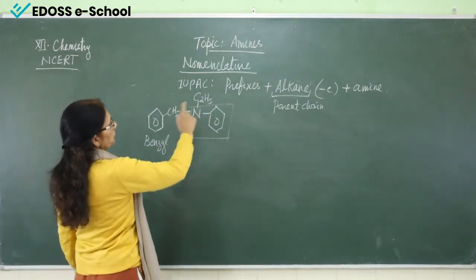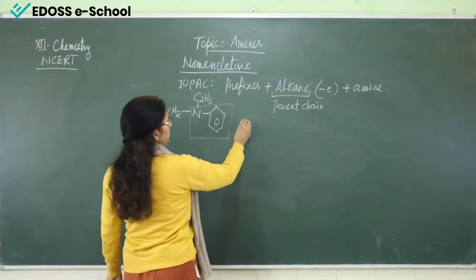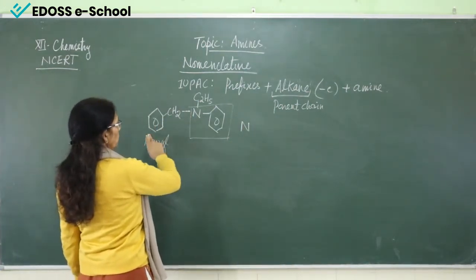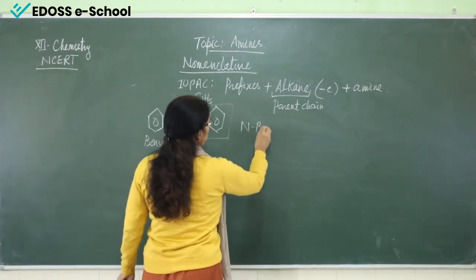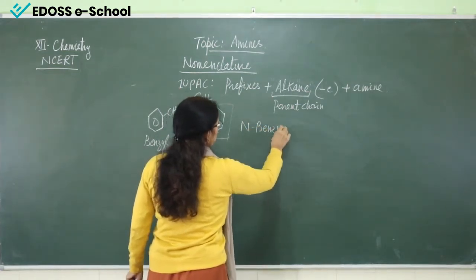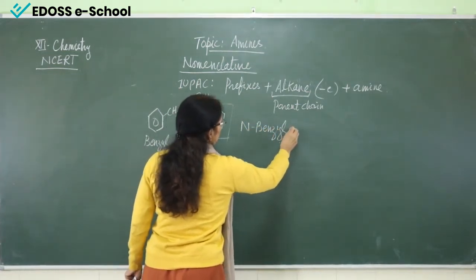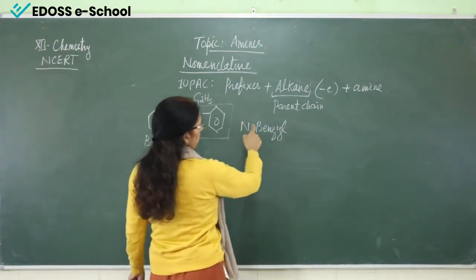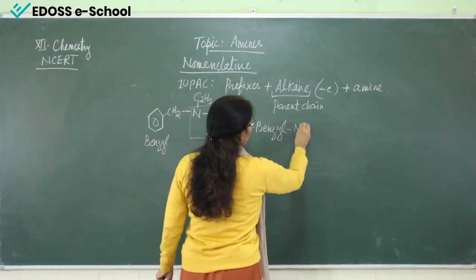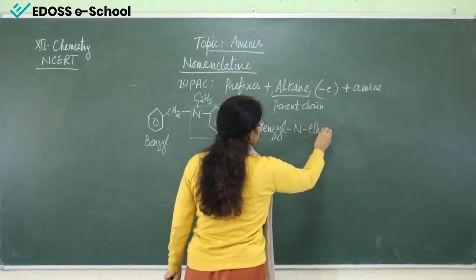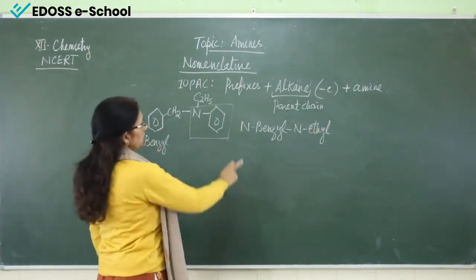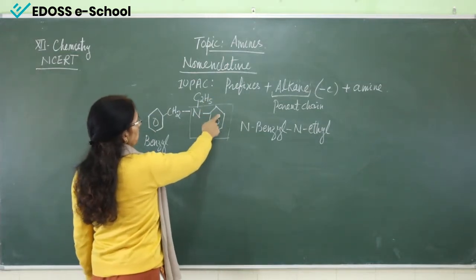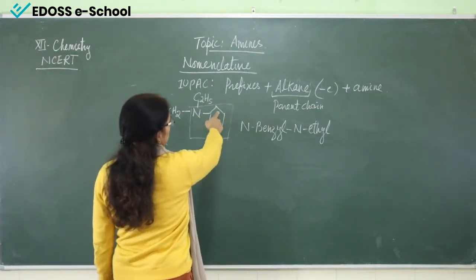So for the prefix, what will we say? First we will use the word N. With N, what is attached? Benzyl. And again with N, ethyl is added. So N-benzyl, N-ethyl. This is our prefix. Now coming to the parent chain, which is this one.